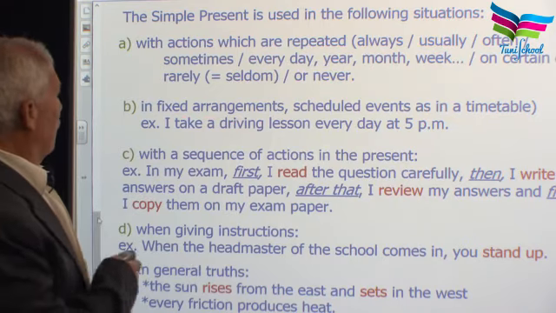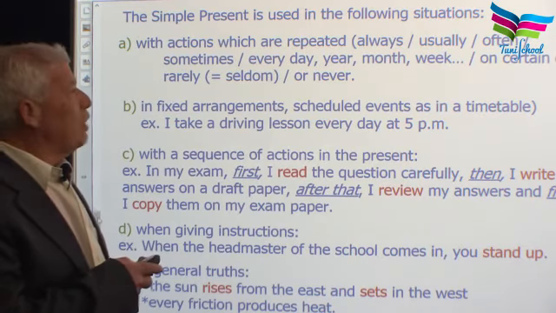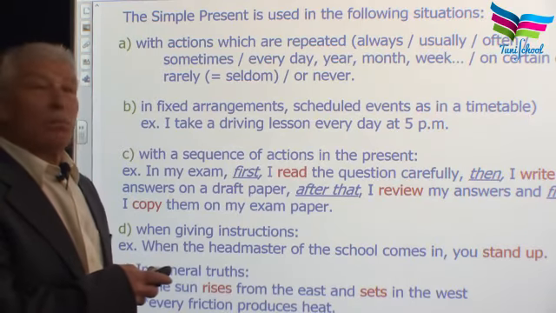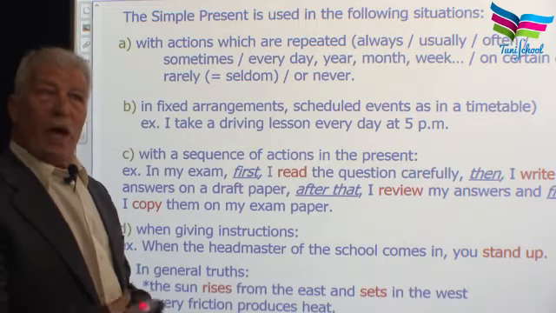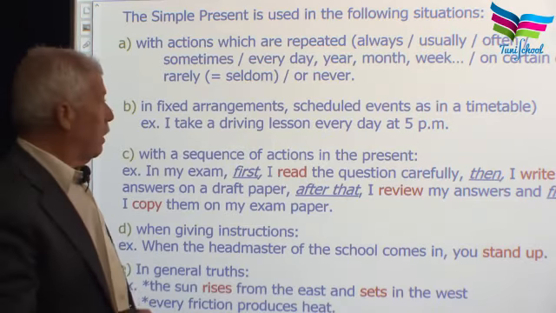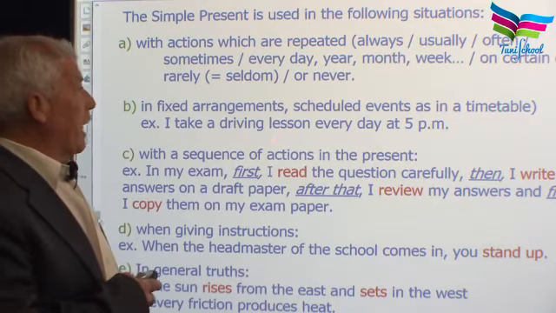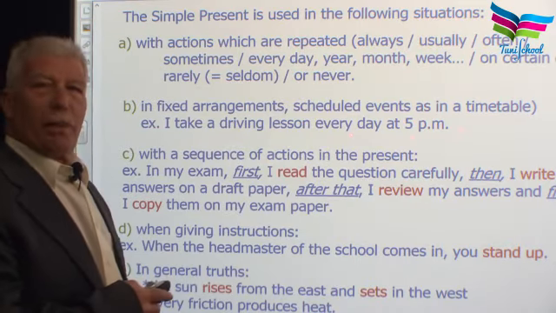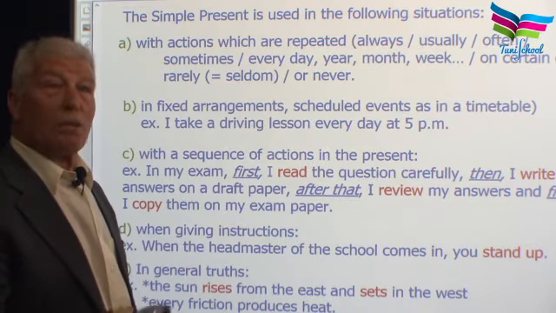B, in fixed arrangements, schedules, events, as in a timetable. A timetable, what you do every day or every month or every week. Example, I take a driving lesson every day at 5 p.m. This is a kind of habit, a timetable.